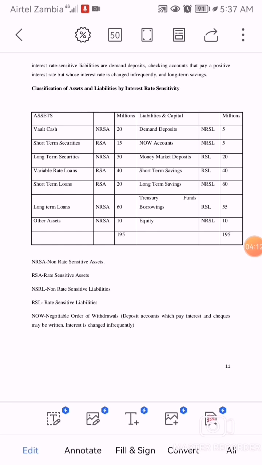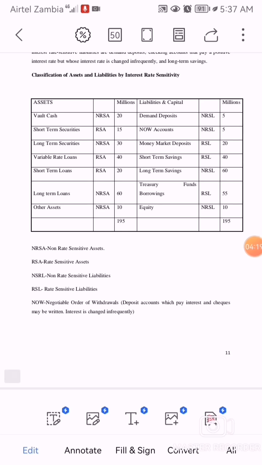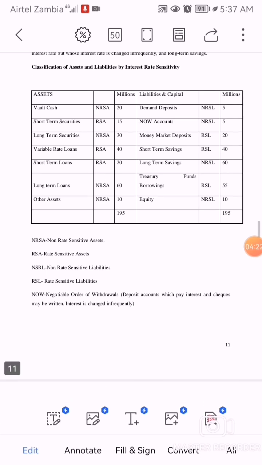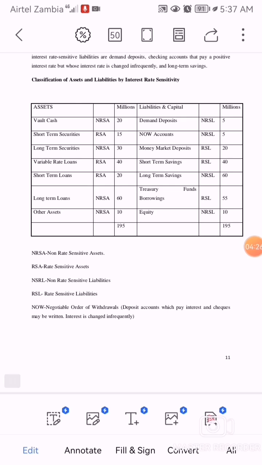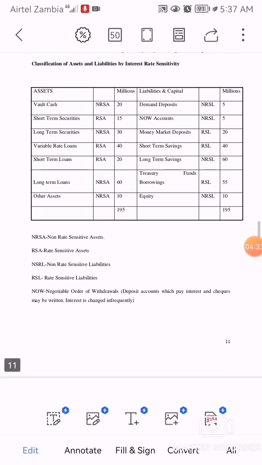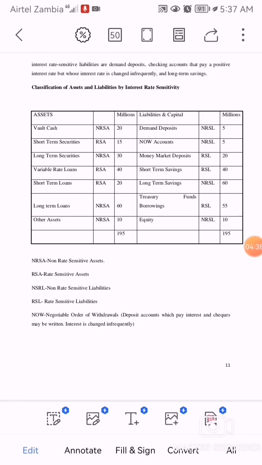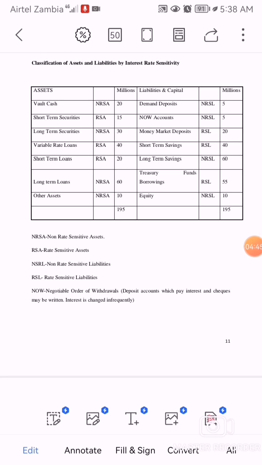That's a strategy of raising funds. Remember short-term instruments, we had things like treasury bills, short-term instruments that the government uses to raise funds from the public. It's a good example of RSL, rate sensitive liability, because anything that's short-term will be RSL. Anything that's long-term is a non-rate sensitive liability. So money market instruments, you go with those. That's another tip on the liability side.